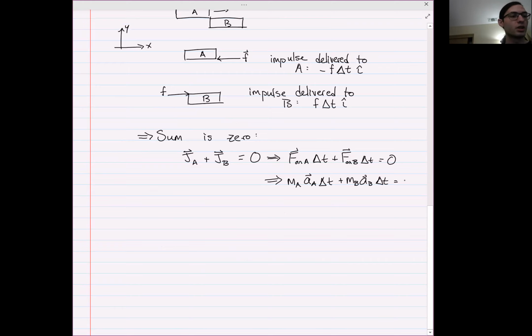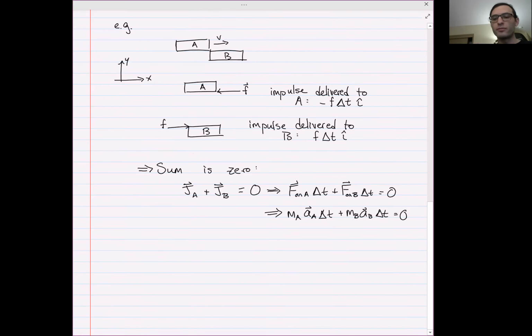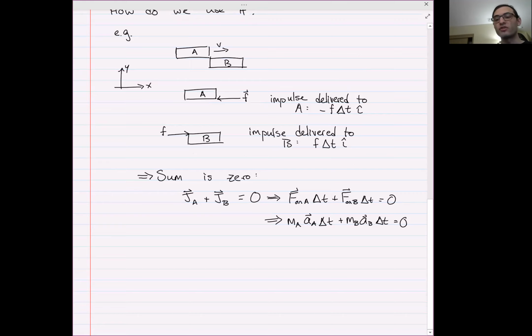That's equal to 0. If we assume that delta T takes place over a sufficiently small time, then this would be equal to MA delta VA over delta T times delta T plus MB delta VB.